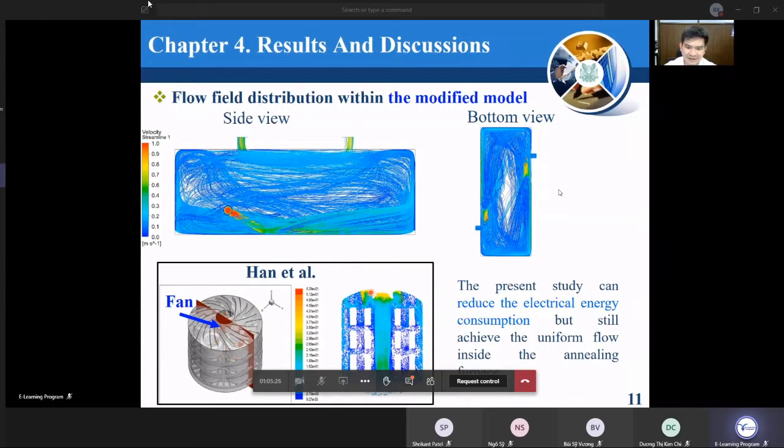We can see here they got the result: the flow going from the top to the bottom, and then recirculating like this, and they could get more uniform flow by using the fan. But in the recent study, we can reduce the electrical energy consumption and still achieve uniform flow inside the annealing furnace by using the elbow inlet here. You can see it's much more uniform.